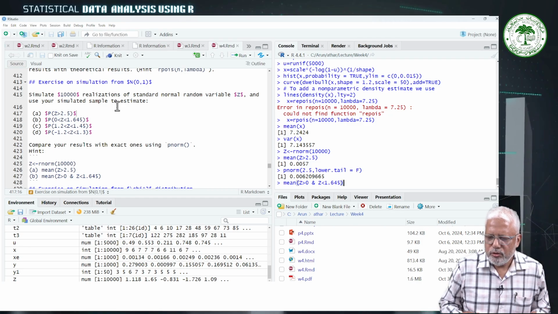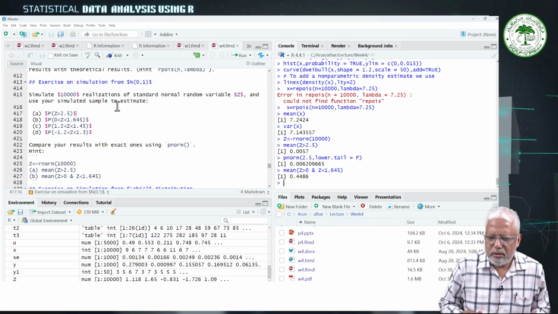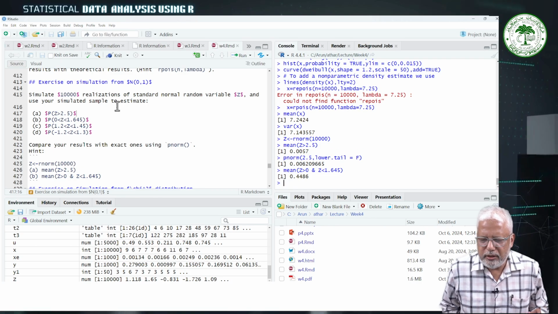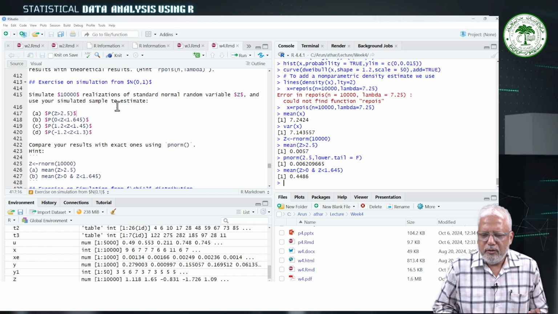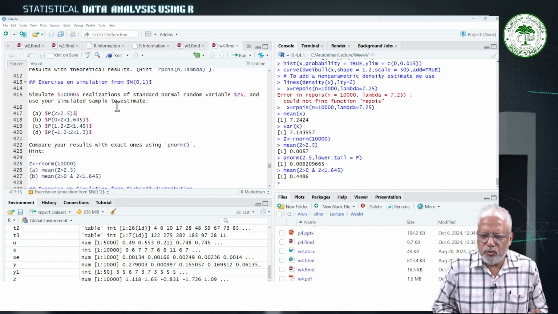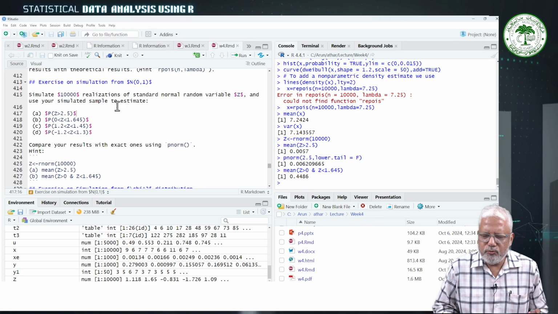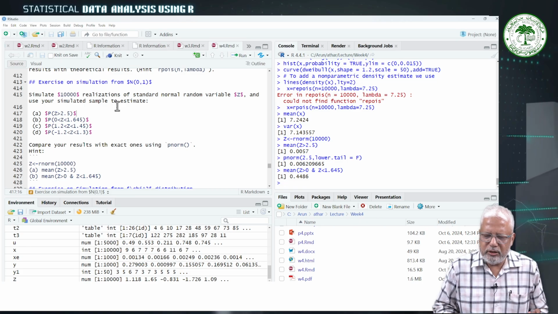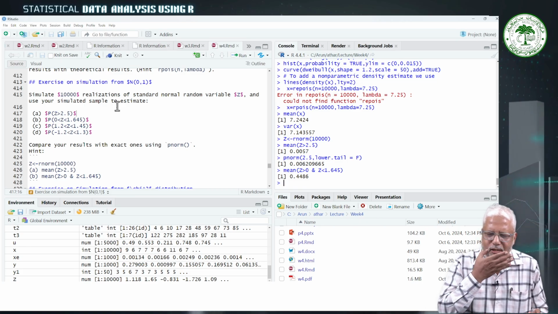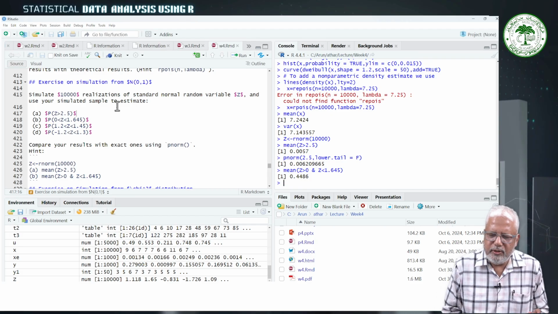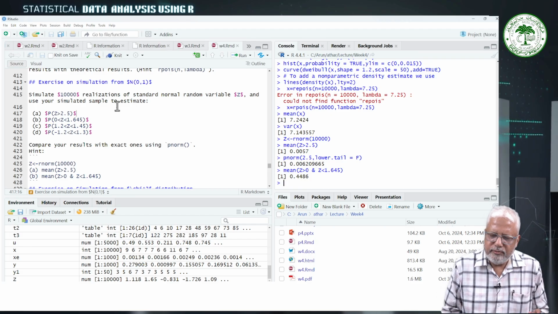So we can compute this mean, and the area under the normal curve between 0 and 1.64 is 0.4486. This probability we are getting on the basis of simulated data.